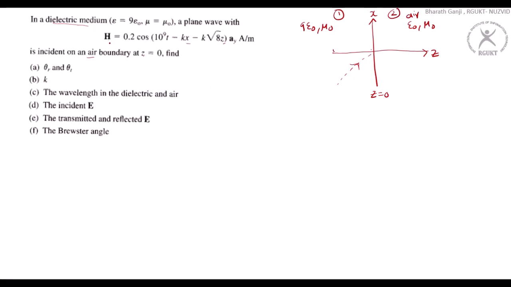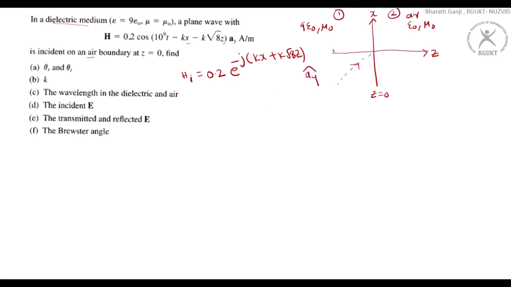So here the magnetic field expression is given, but whether it's magnetic field or electric field, this is the incident wave. If I write it in phasor format, I get 0.2 times e power minus j times (kx plus k root 8 z) times ay cap.